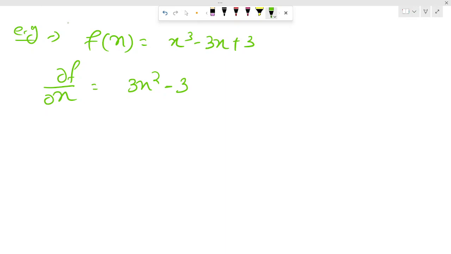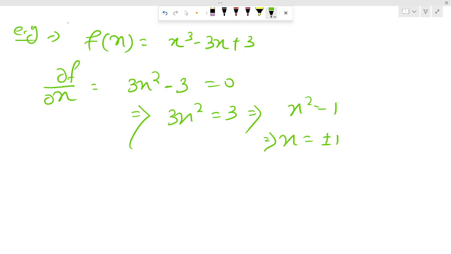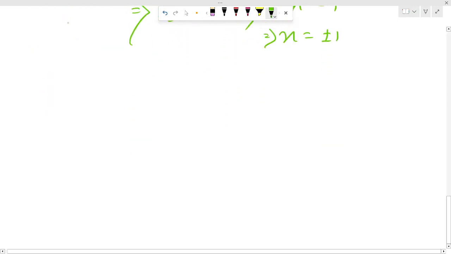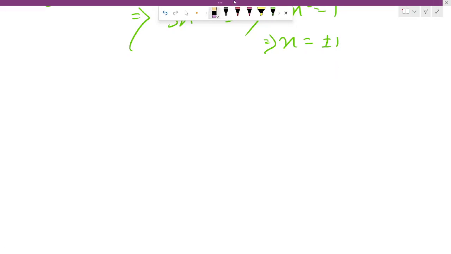Let it equal 0. If you solve the equation, you will get 3x square is equal to 3, x square is equal to 1, and x is equal to plus minus 1. This is your equilibrium point.